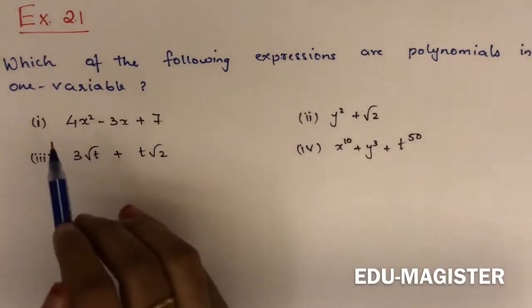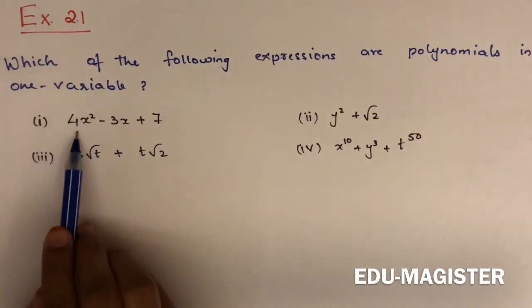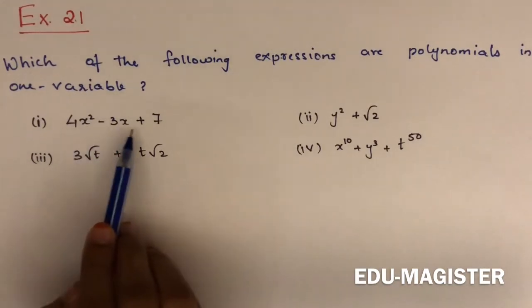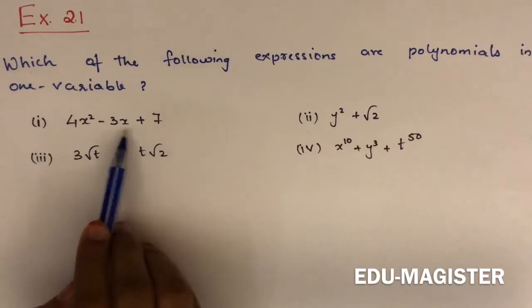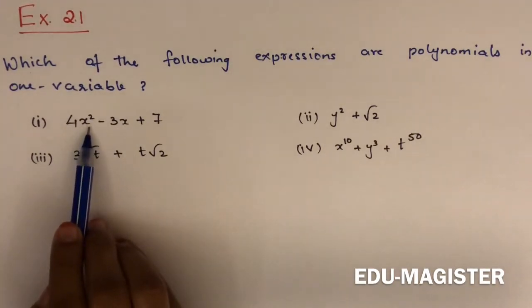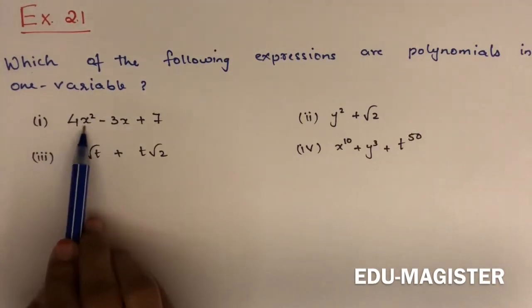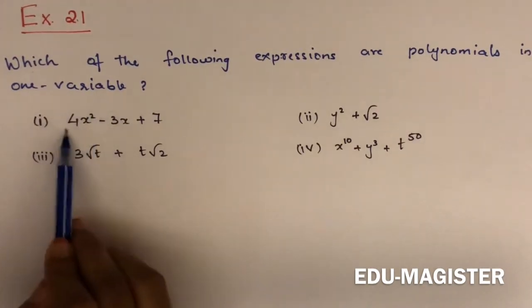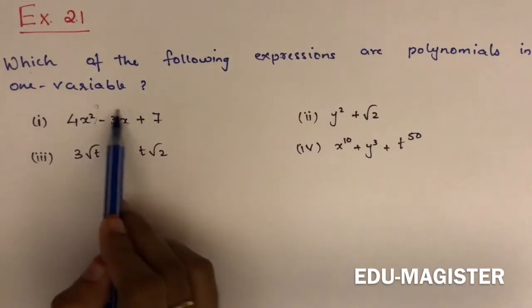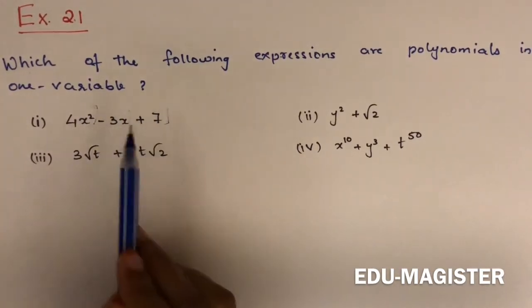So back to the question. Now in this first question, let's examine each term and see whether the variables have only whole numbers as their power. I hope you remember what a term is. This is one term, this is another term, this is the third term.